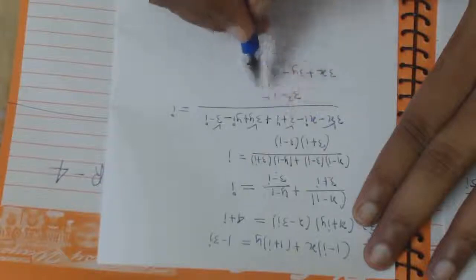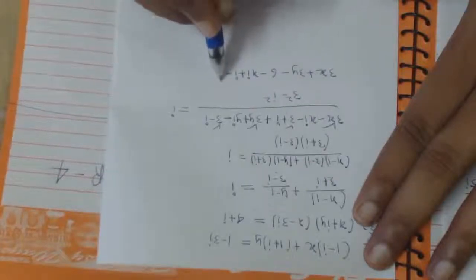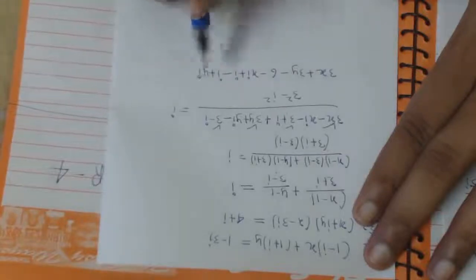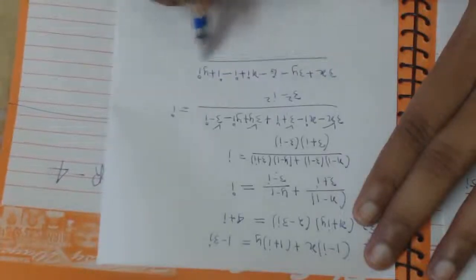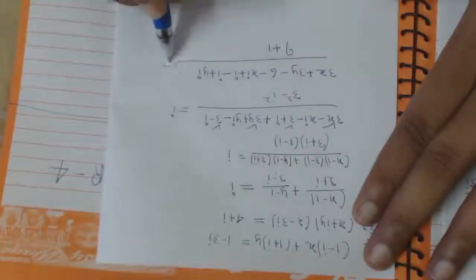This iota minus x iota plus iota minus iota y iota are the imaginary parts. 3 square is 9, iota square is minus 1, this is equal to iota.